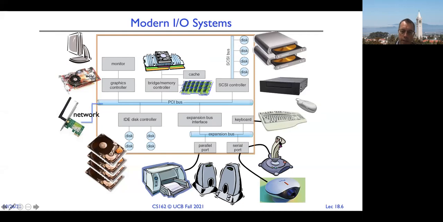So again, you need to take all this information from these devices to get into the processor and then to write back information, at least to some of these devices. Of course, you don't need to write back information to the keyboard. The keyboard is only an input device, and the printer is only an output device. And how do you connect them? First of all, how do you wire them?